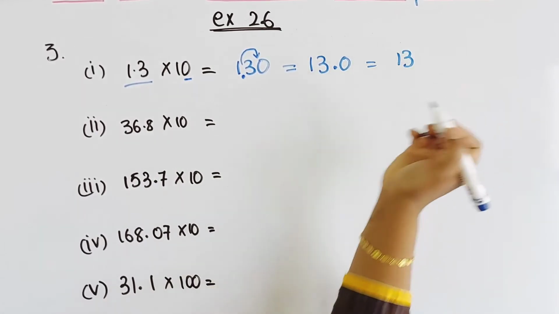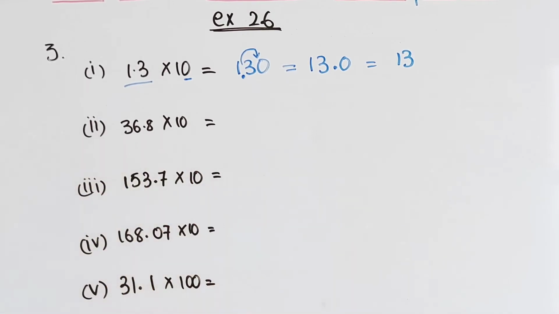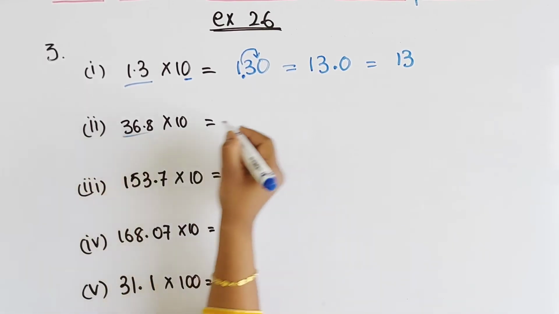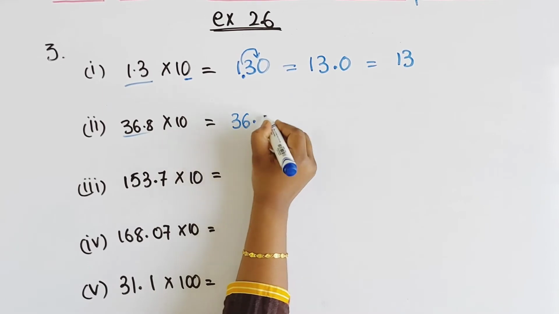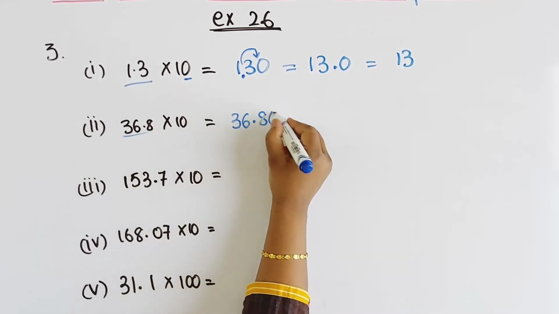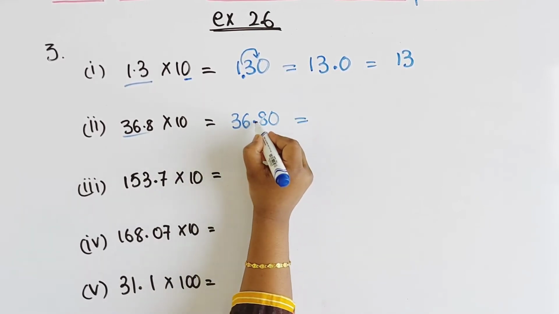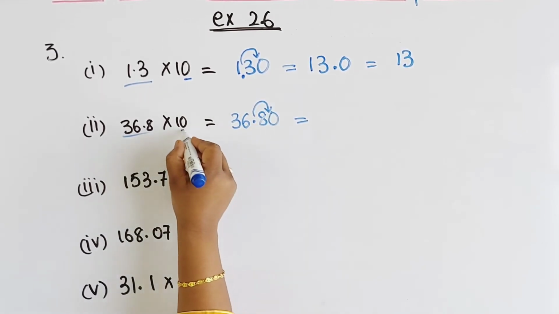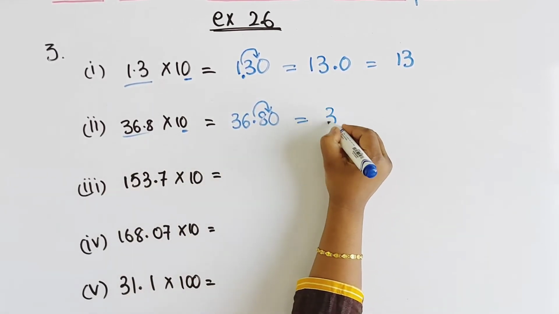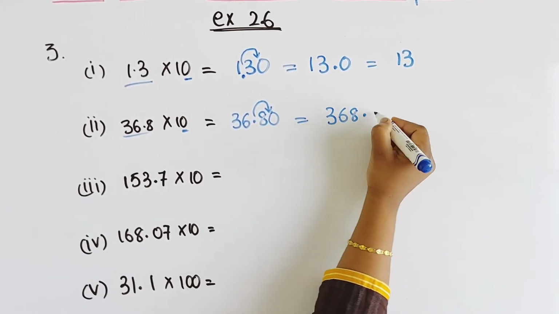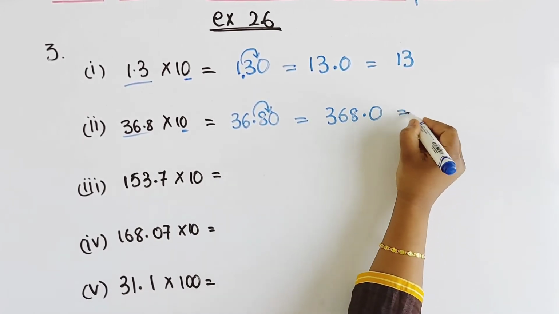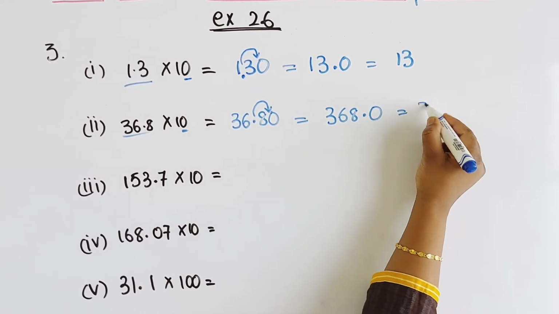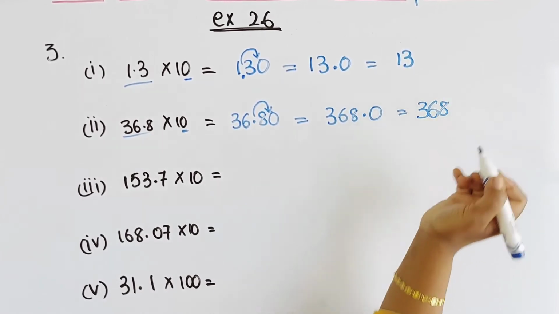That is 13. Next one, 36.8 into 10. Write the number as it is. 36.8 into 10 means 1 zero. Now the point will move right side after one number because we have only 10. So the answer is 368.0. That means 368.